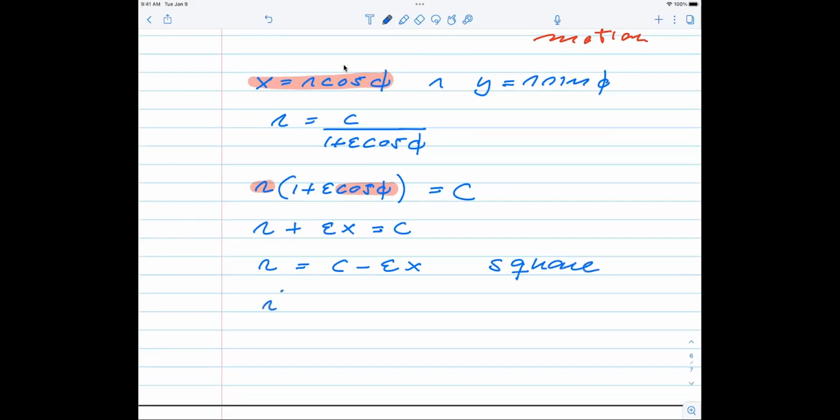So then I get r squared, and this is equal to C squared plus epsilon squared times x squared minus 2 times C times epsilon x. And then we know that this side here, r squared, is the same as x squared plus y squared.